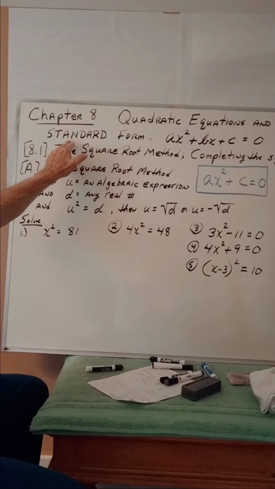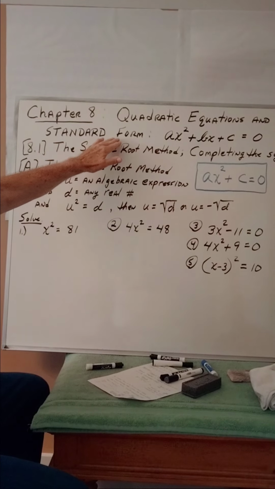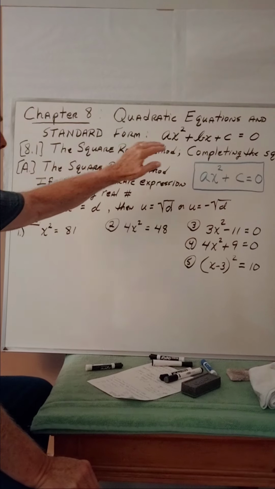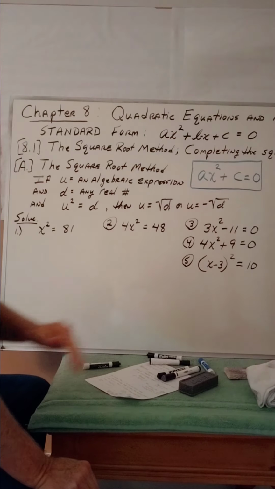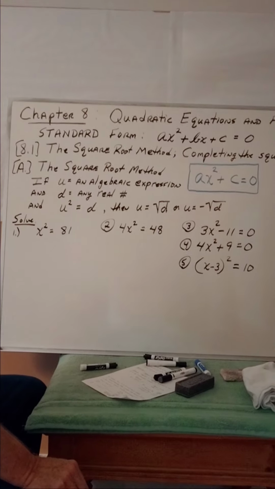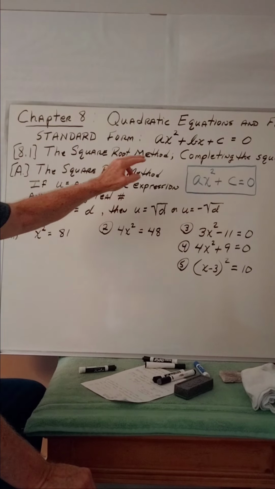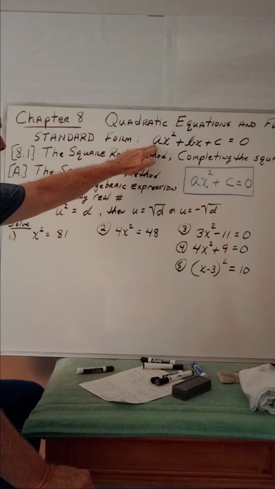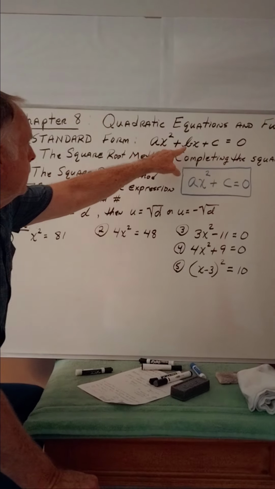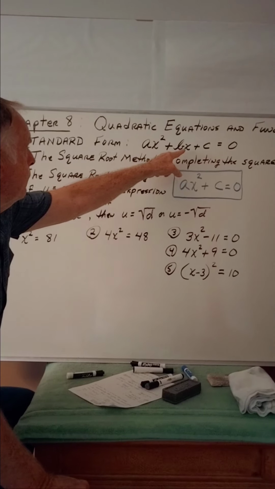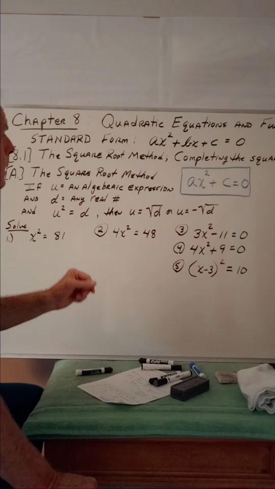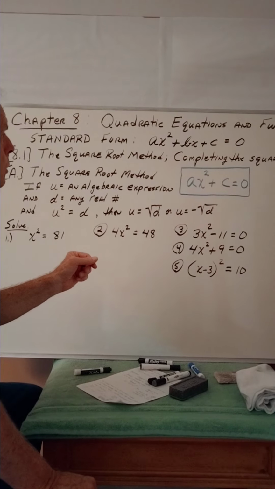We should know already from past learning that the standard form of every quadratic equation is ax squared plus bx plus c is equal to 0, where a is the coefficient of the quadratic term, b is the coefficient of the linear term, and c is the constant coefficient.